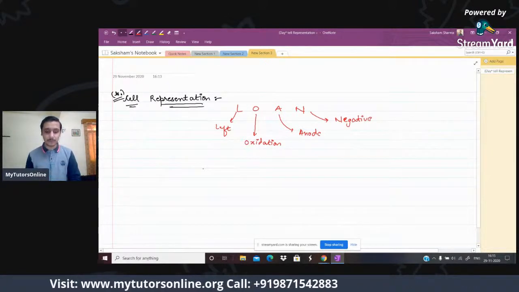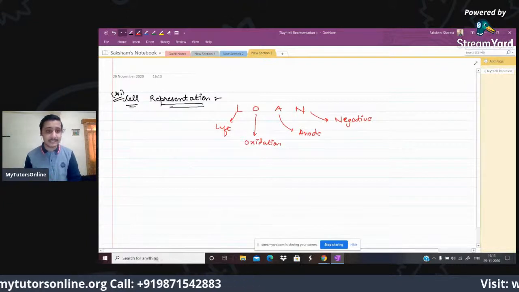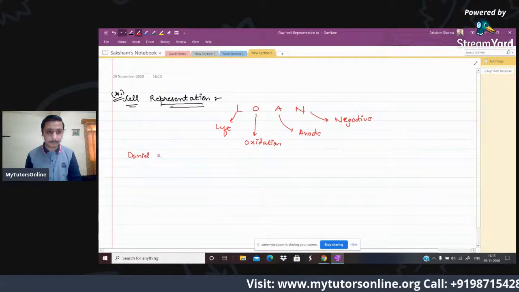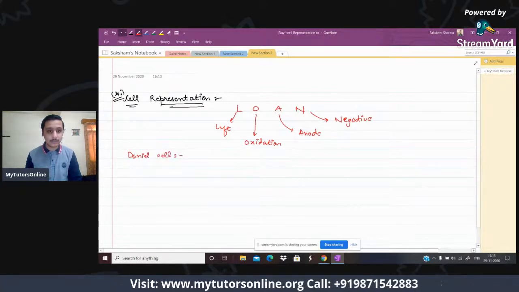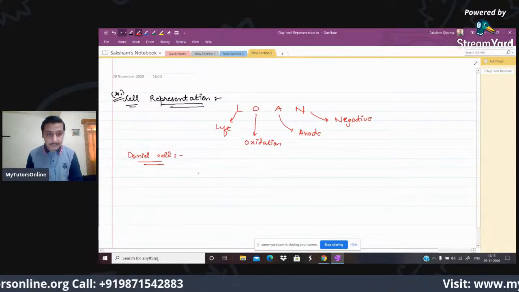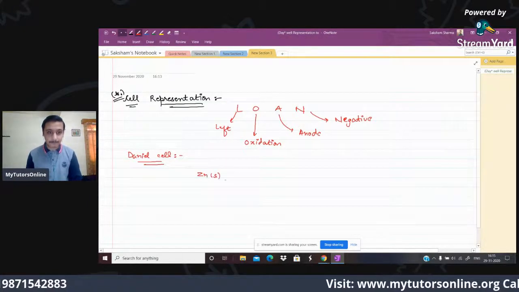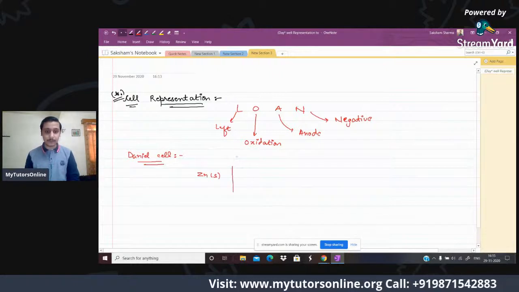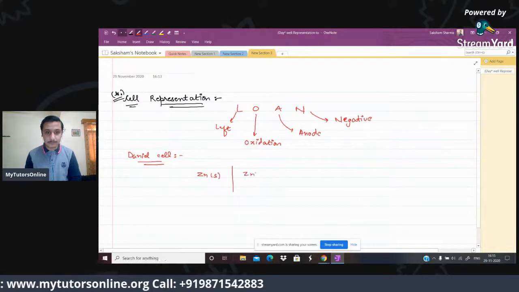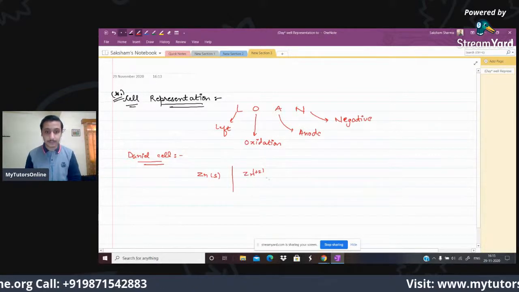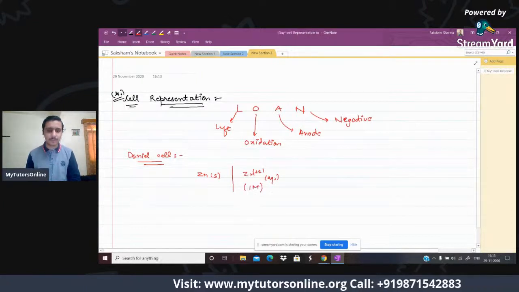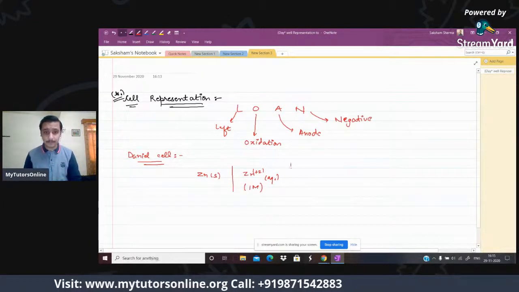Okay, so whenever you will be representing a cell, you have some set of rules which you have to follow. Suppose now I'm trying to represent my Daniell cell. So how is this Daniell cell represented? It will be represented like this. You have zinc solid, one straight line, and then you have zinc plus 2 ions in aqueous state, and its concentration, we suppose, has to be 1 molar.